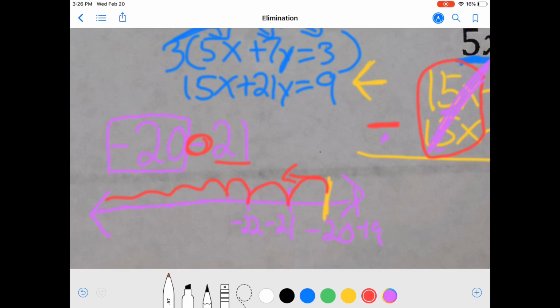A lot of you told me either positive 1 or negative 1. Moving to the left from negative 20 does not get us to 1. Because both of them are negative, you are adding the numbers together and keeping it negative.